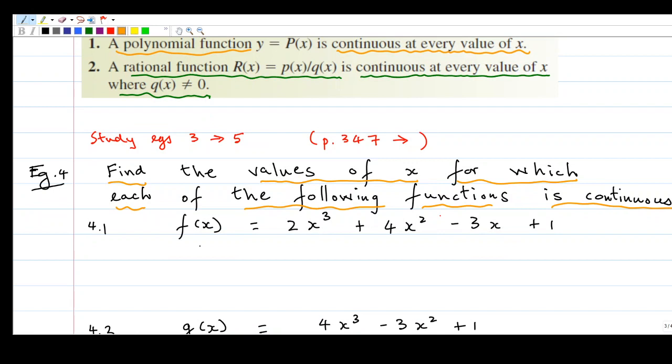4.1, if you look at it, f of x is a polynomial function. So f of x is a polynomial function.